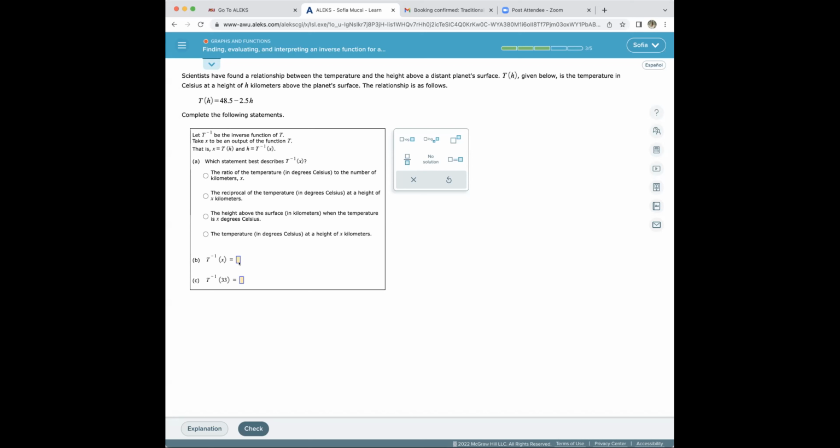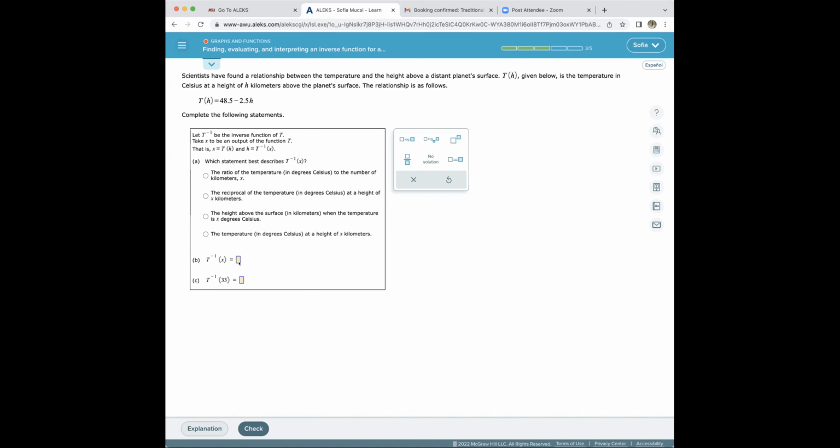Yeah, I like that. Big T. And then I'm trying to find T, so I'm going to move over the 48.5. And this 48.5 equals, divided by negative 2.5.